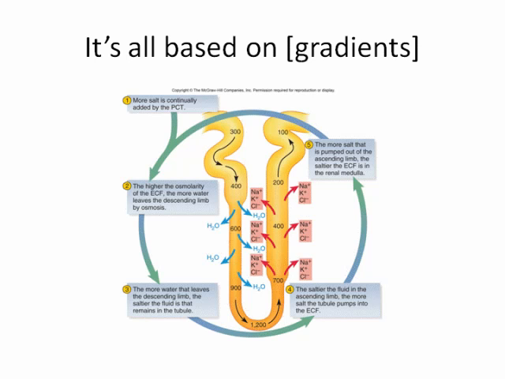On the other side of the loop of Henle, as we enter into the upper portion or the distal portion of the loop of Henle, heading into the distal convoluted tubules, notice what happens. We see a complete shift in what is being removed.